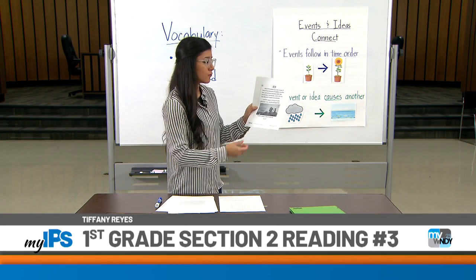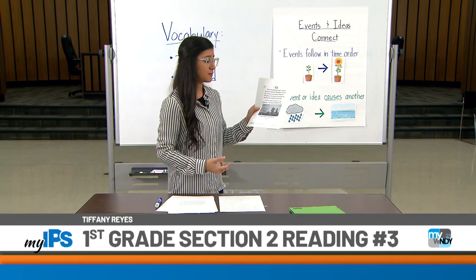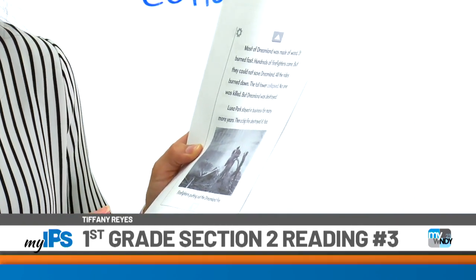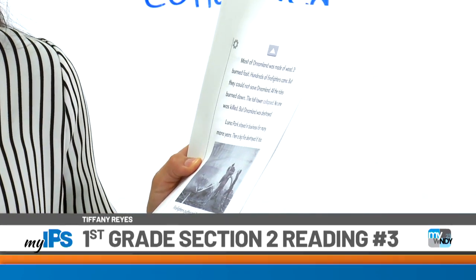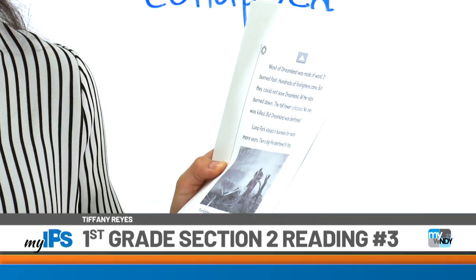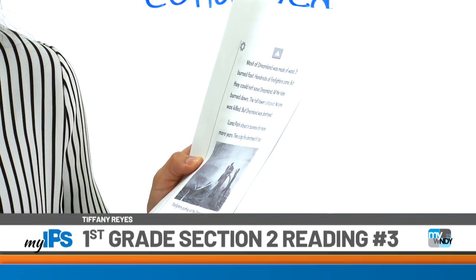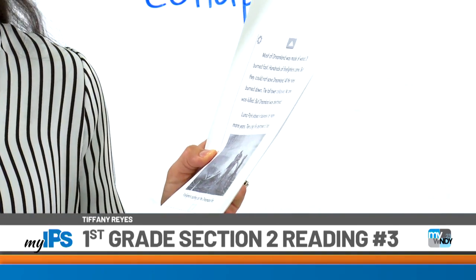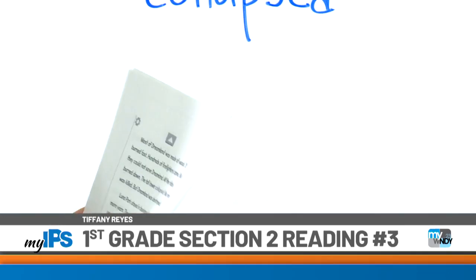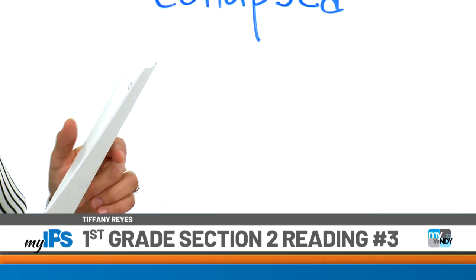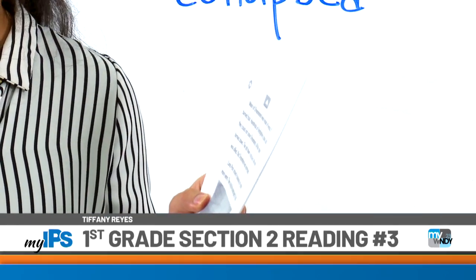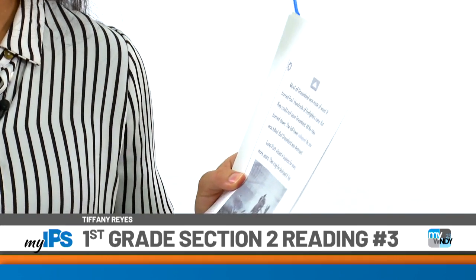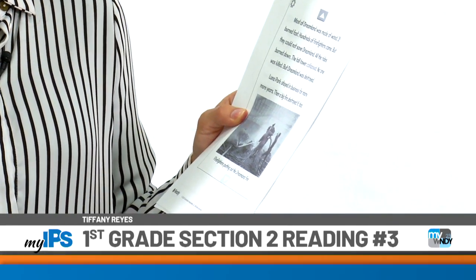Most of Dreamland was made of wood. It burned fast. Hundreds of firefighters came, but they could not save Dreamland. All the rides burned down. The tall tower collapsed. No one was killed, but Dreamland was destroyed.